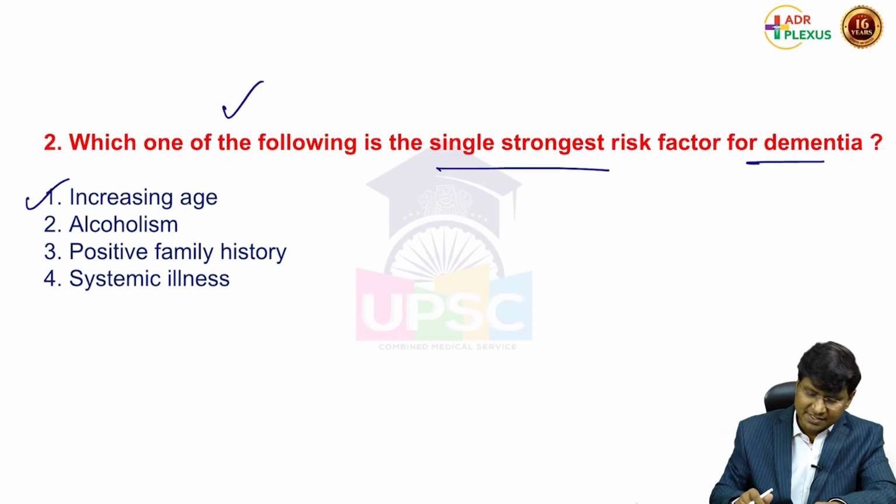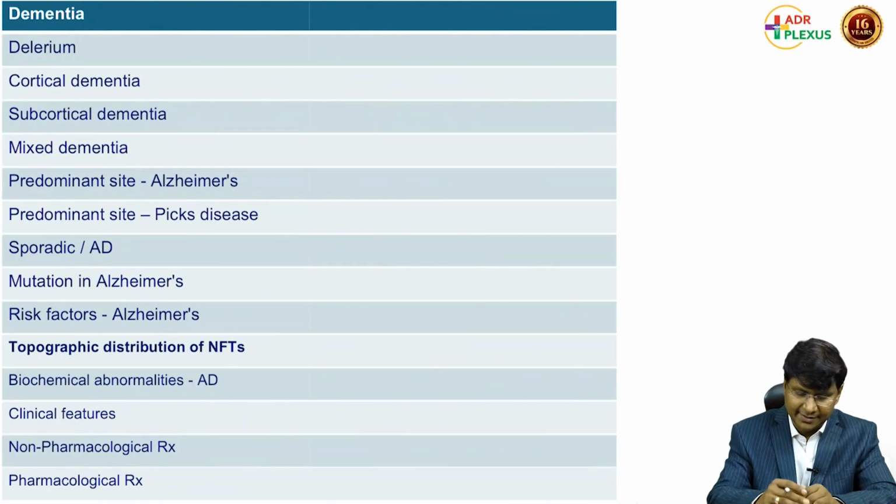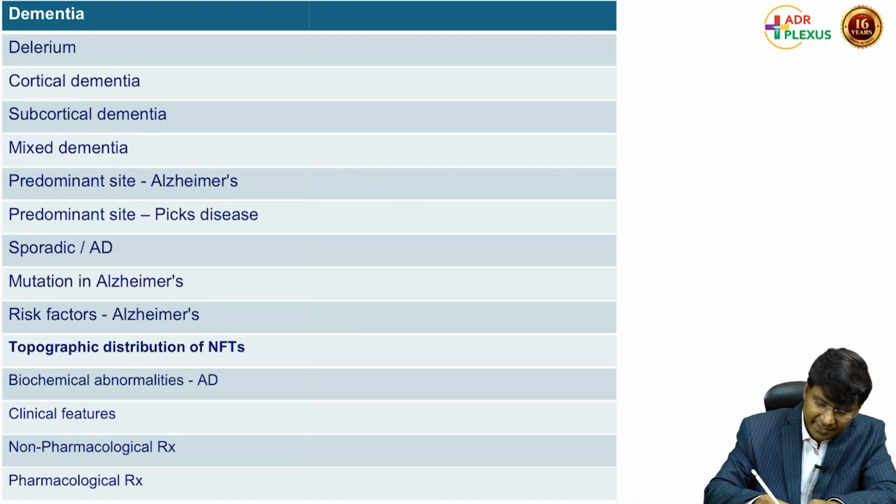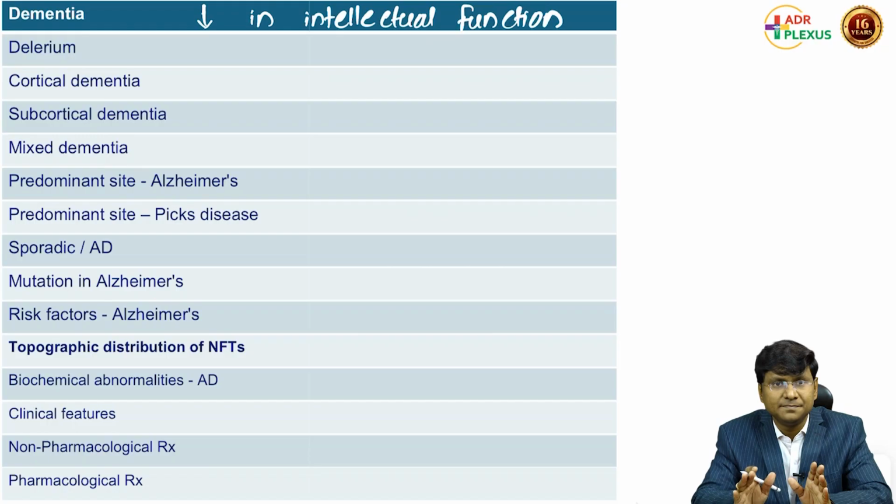Now, let me discuss about the Alzheimer's in detail. So first of all, you need to know the definition of the dementia, where there is decline in the intellectual function of the individual, right? So where there is decline in the intellectual function, and the decline in intellectual function that is severe enough to compromise the social or occupational functioning.